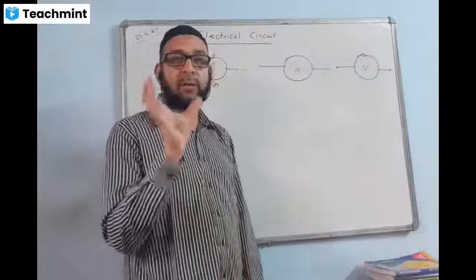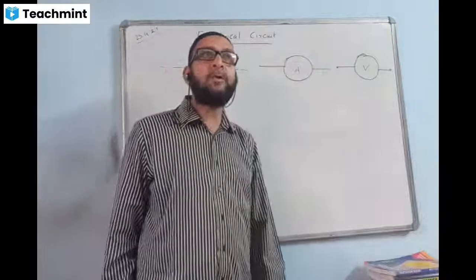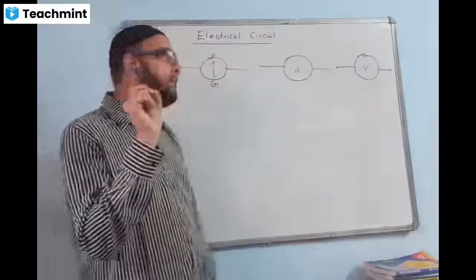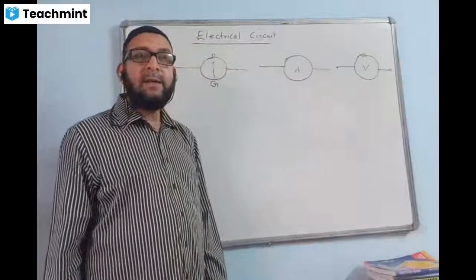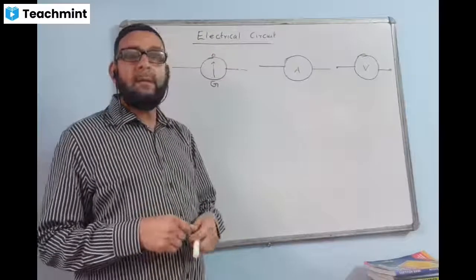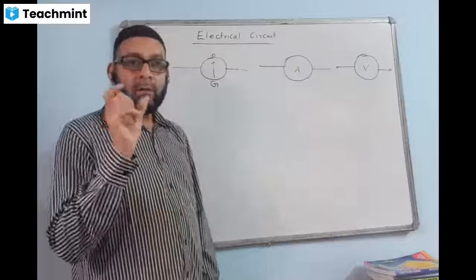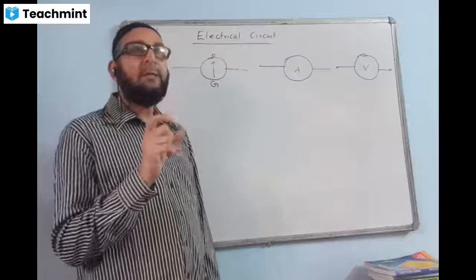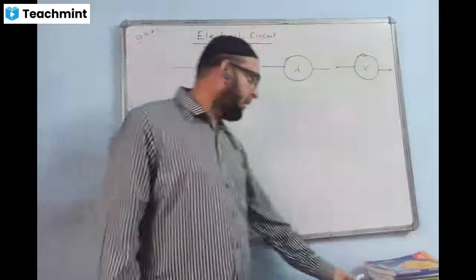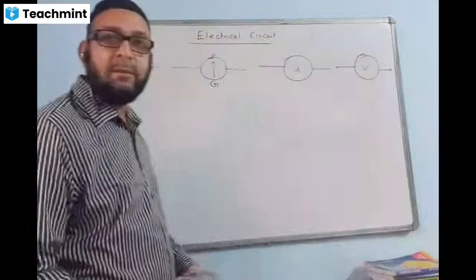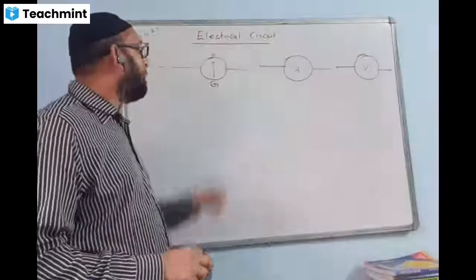But that is not possible. Practically, there will be some small current flowing through the voltmeter. So that is the reason why voltmeter does not measure accurately, but quite closely or approximately it can measure the terminal voltage. Hope you understood this part.